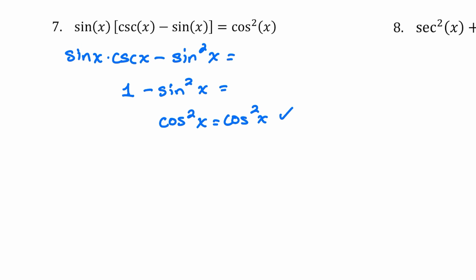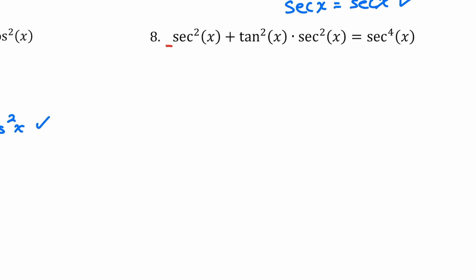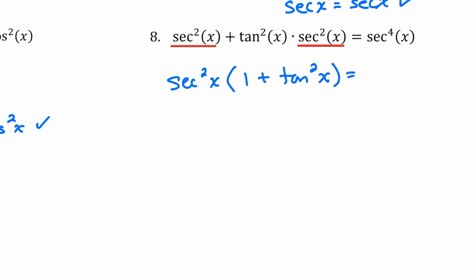So that's distributing. The opposite of distributing is factoring. So notice how we have these two terms have a secant squared in common. So I'm going to factor that out. Well, when you factor something out of itself, you're left with 1, and then plus tangent squared of x. Now, I could go about this trying to change this to sine and cosine, like change tangent squared to sine squared over cosine squared and try to get a common denominator and go off from there.